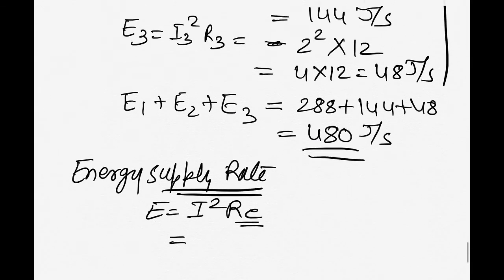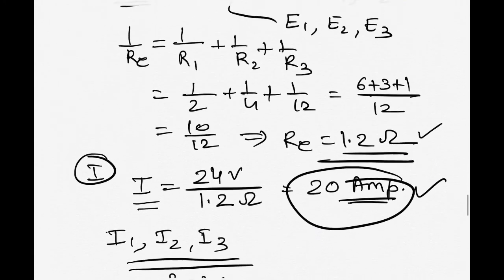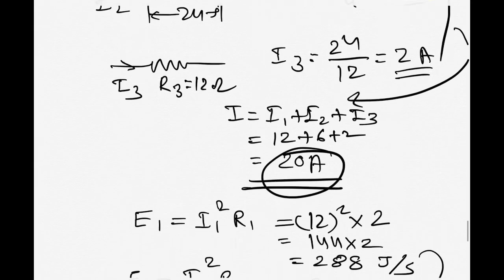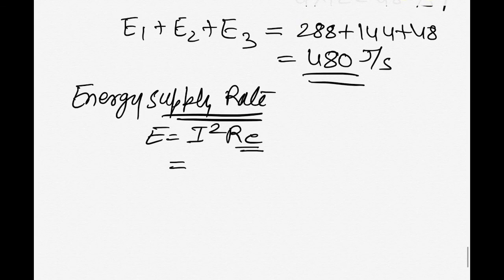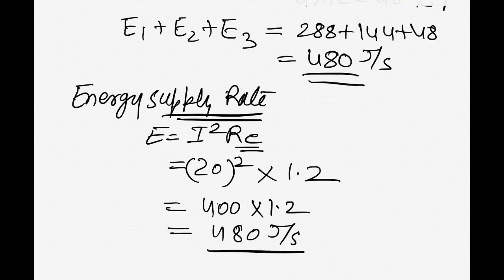The current in the circuit, we calculated, was 20 amperes. The equivalent resistance is 1.2 ohms. So 20 squared into the equivalent resistance 1.2, so this becomes 400 into 1.2, which is 480 joules per second.